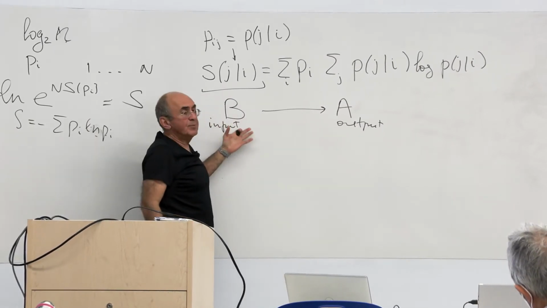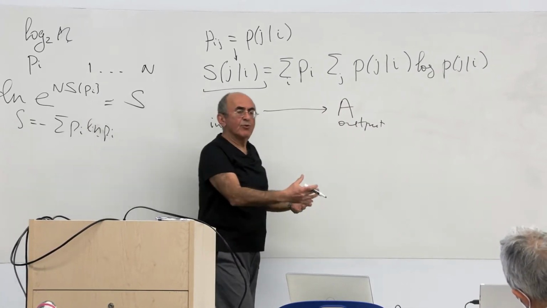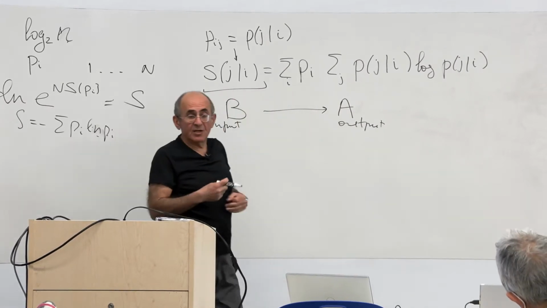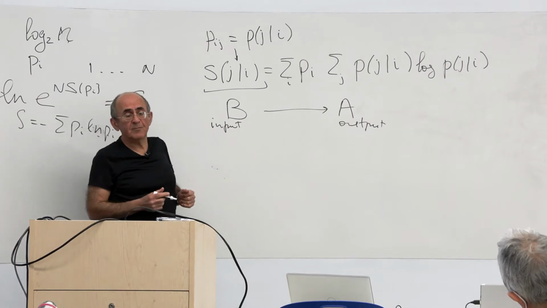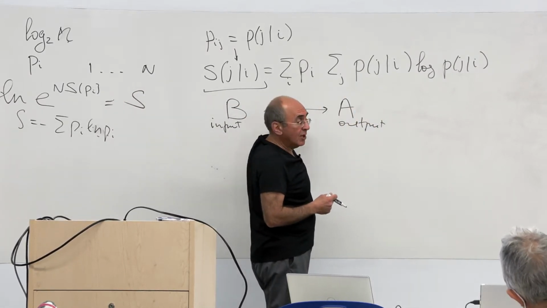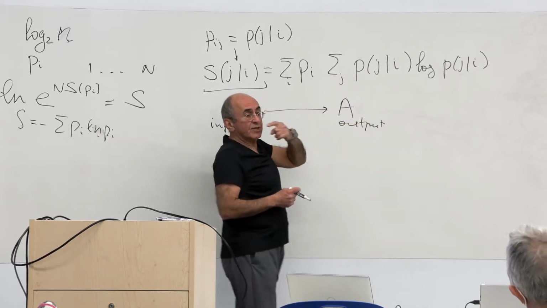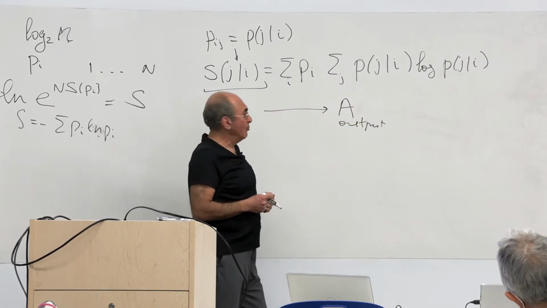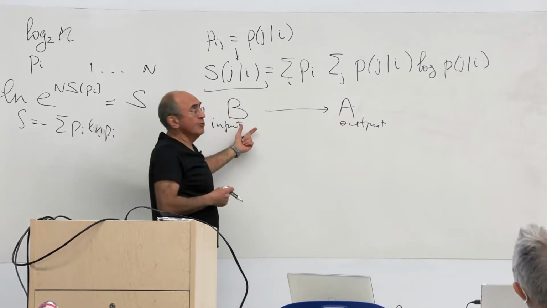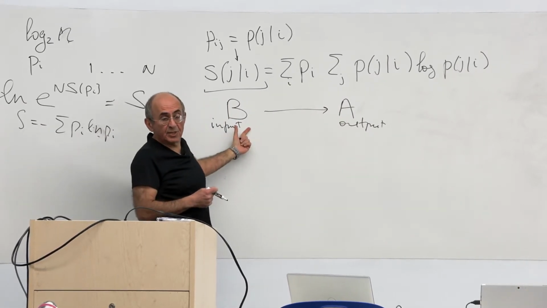Or it could be that B is a memory which we encoded somewhere, and A is a reading that we retrieved from there. It's a very, very general scheme. That's what we have, that's what we don't. So now we ask, now that I know the value of A, what is the uncertainty in B?